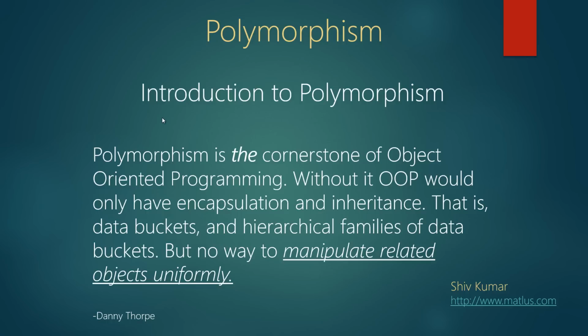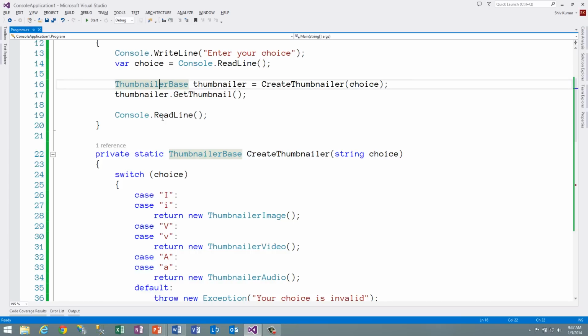Without polymorphism, we would have encapsulation and inheritance, which is essentially buckets of data and hierarchical families of buckets of data, but no way to really manipulate related objects in a uniform fashion, which is what we've been doing in our demo code, manipulating related objects in a uniform fashion. By related objects, we mean we're manipulating them in a uniform fashion without having to know of the descendant. We are working with the base class.